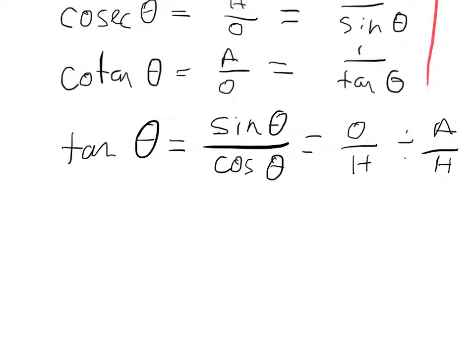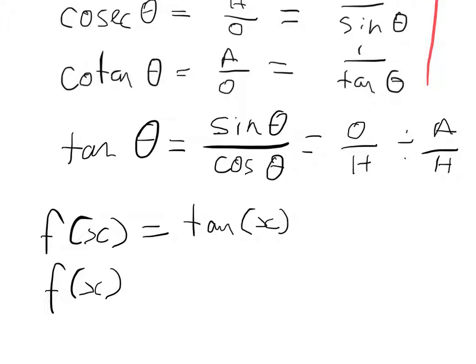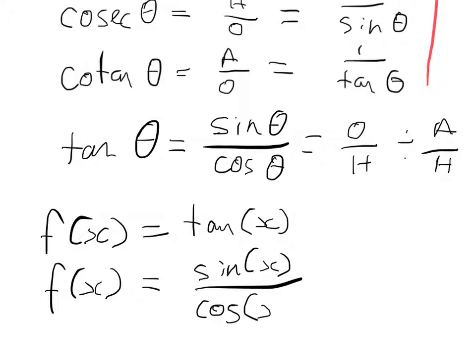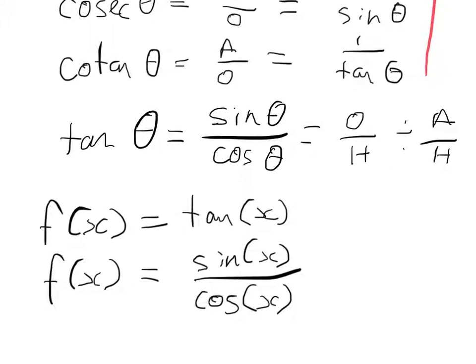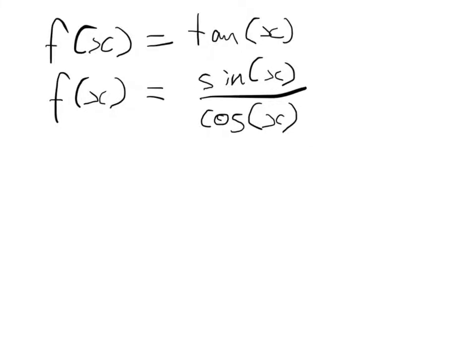Right, let's have a look at that. So if f of x equals tan x, then f of x equals sine of x over cos of x. So when we differentiate it, we've got to use the quotient rule, right?